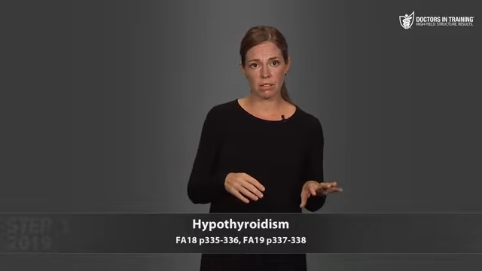So let's now go over some of the specific causes or types of hypothyroidism. Most of these will have very similar clinical pictures, like cold intolerance and weight gain and so on. And the causes of hypothyroidism all in some way result in destruction or removal of the thyroid gland, rendering it ineffective.